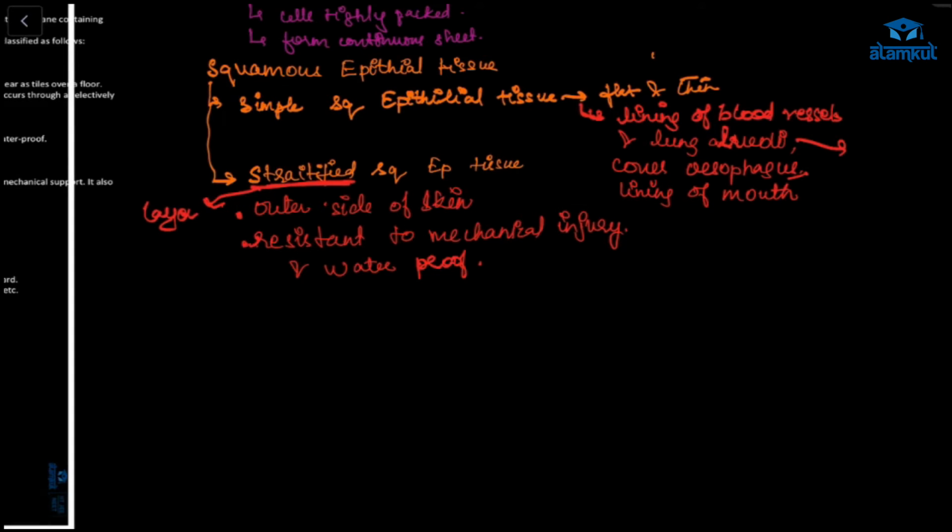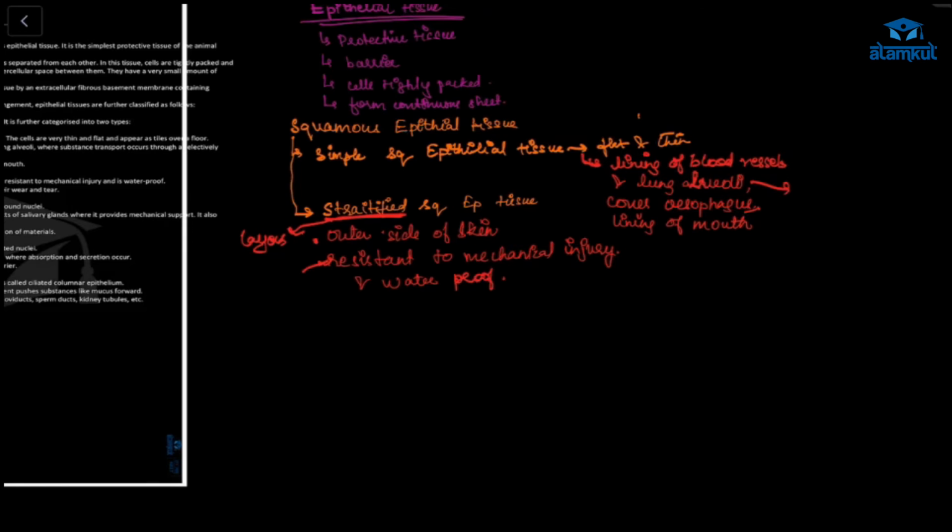There are single layers in the simple, and in stratified there are many layers present. They are outside of the skin, inside the skin this, outside of the skin this. They are resistant to mechanical injury and also waterproof. Okay, everyone got it?